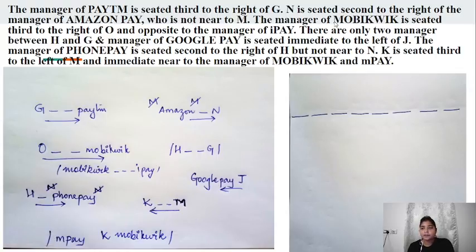Okay, there are only 2 managers between H and G. This is 2 managers and they are interchangeable, and manager of Google Pay is seated immediate left of J. So I will write J and immediate left arrow Google Pay.